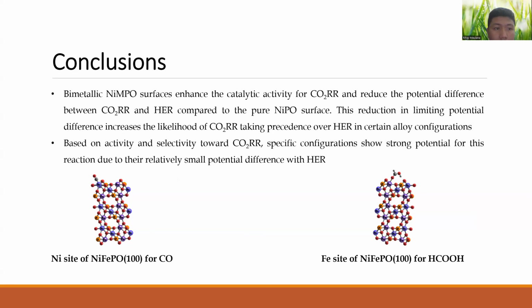Based on activity and selectivity towards CO2RR, specific configurations show strong potential for this reaction due to their relatively small potential difference with HER. Number one is the nickel side of the nickel iron phosphate for the carbon monoxide, and the iron side of the nickel iron phosphate for the formic acid.